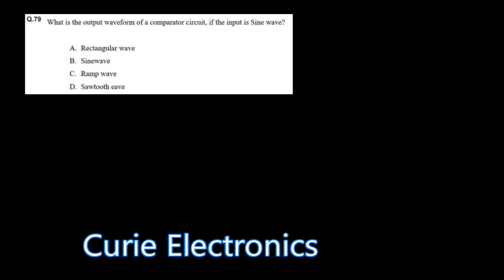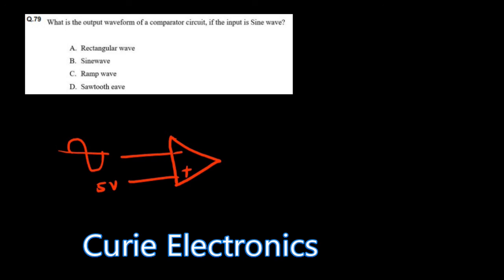What is the output waveform of a comparator circuit if the input is a sine wave? The comparator is a plus-minus op amp. There could be a reference voltage also. We can keep it at 5 volts, then apply the sine wave.